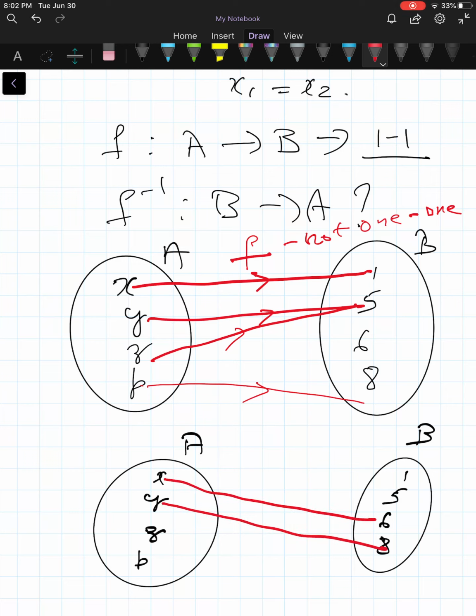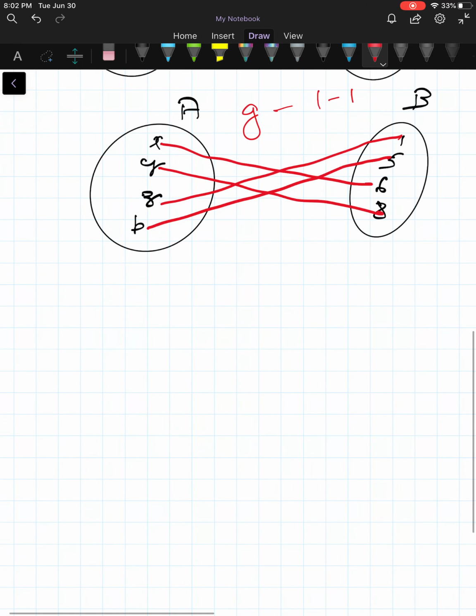Every element has one and only one image, and no two elements have the same image. So this is definitely a function as well as a one-to-one function. If I mark this function as g, this is a one-to-one function.